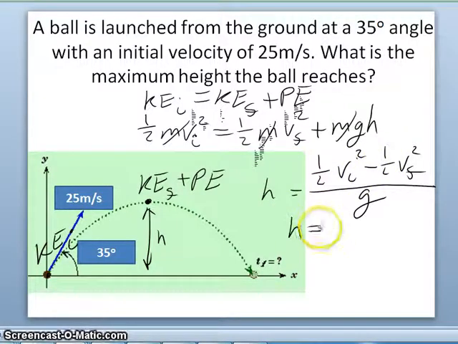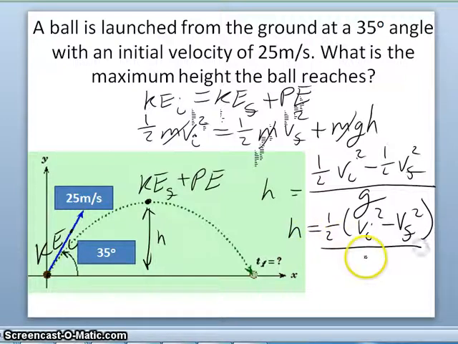I can say h is equal to 1/2 times v initial squared minus v final squared, divided by g. Alright, but now we're kind of stuck. I know v initial is 25 meters per second. How do I find v final so I can finish solving this problem?